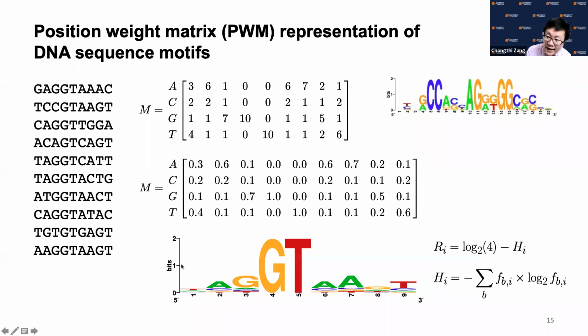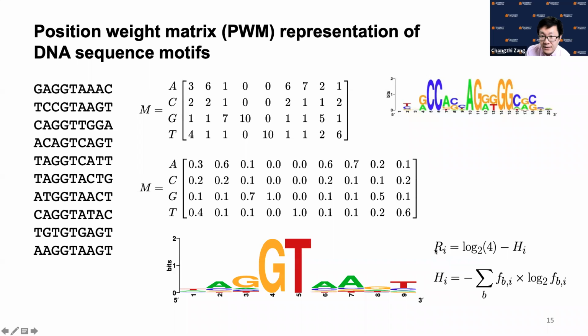As we can see, the y-axis is bits. It's the same meaning as in computer science. 1 bit represents 1 binary digit, 0 or 1, and 2 bits means 2 binary digits, which can separate 4 different types of information. So that's the same meaning as computing bits.